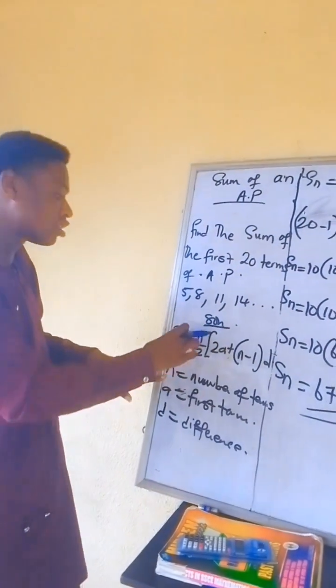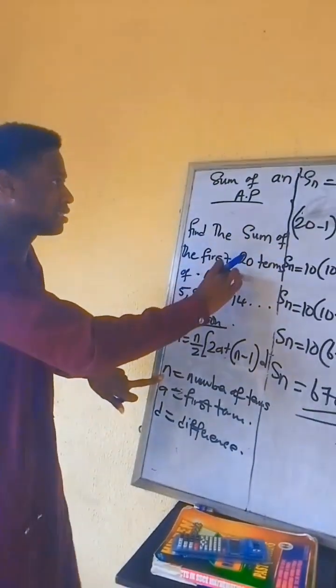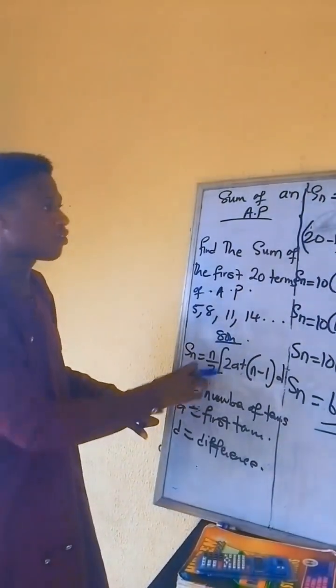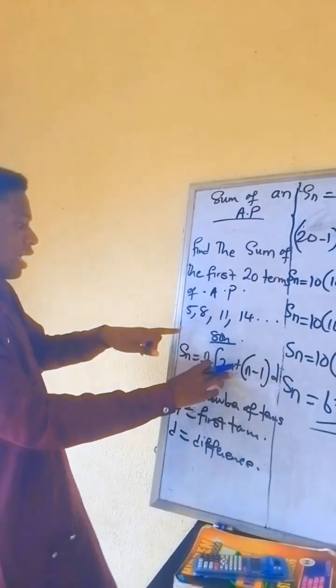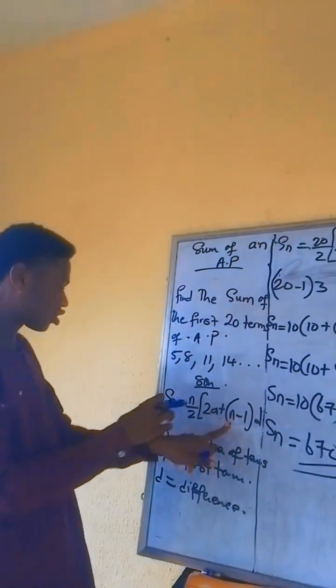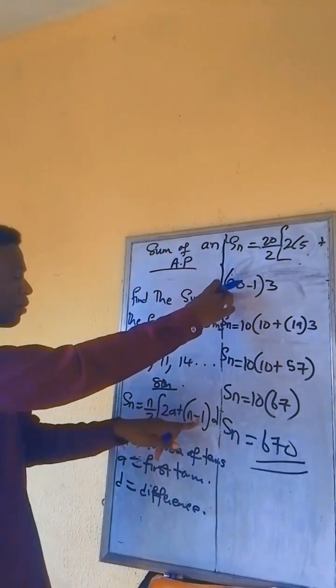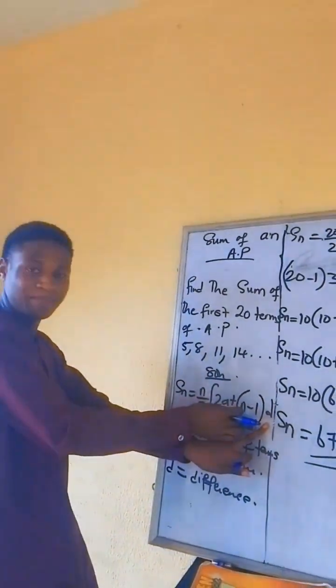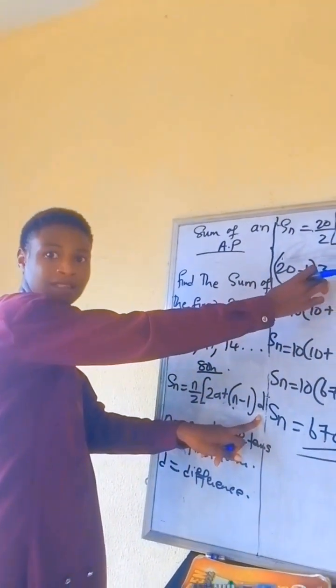Already we know our n is the number of terms we are looking for, and it's 20. That's the reason you are seeing 20 on top, all over the constant 2. Then our A is already 5. That is why you saw 5 there. Plus our n is 20, then the minus 1, close bracket. Then our D, if we subtract 5 from 8, it gives us 3. That is how we got this 3.